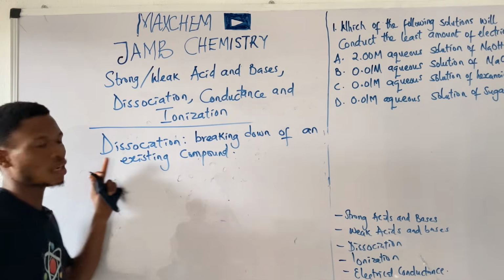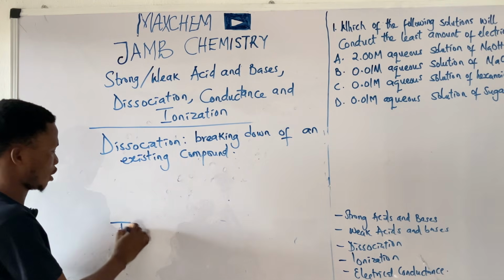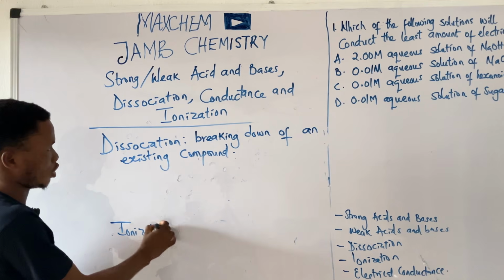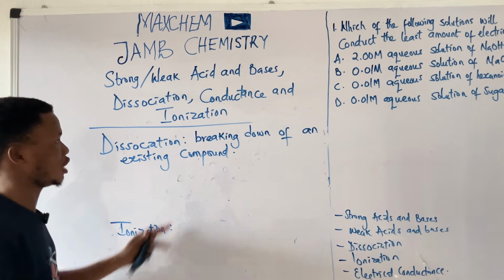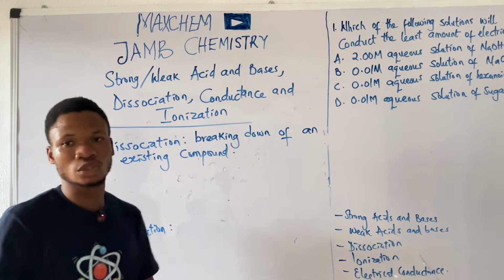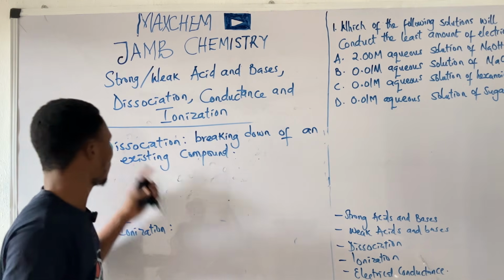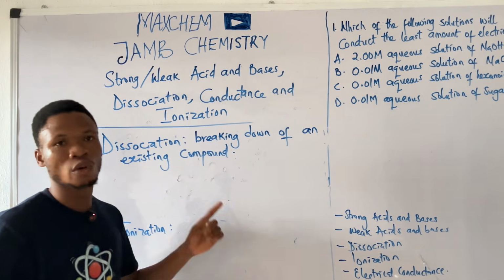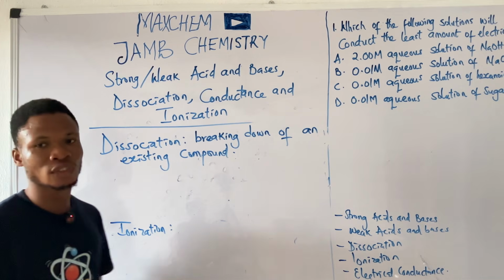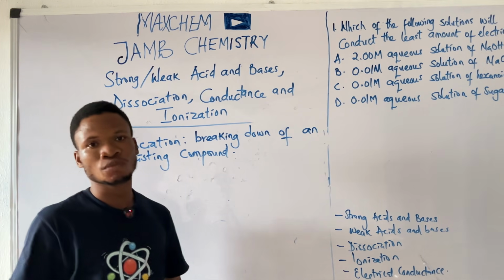So dissociation and ionization can be mistaken for each other. Ionization also involves the breaking down of a substance into its ionic form, but the difference is that dissociation involves the breaking down of an existing compound, while ionization involves the formation of an ion.